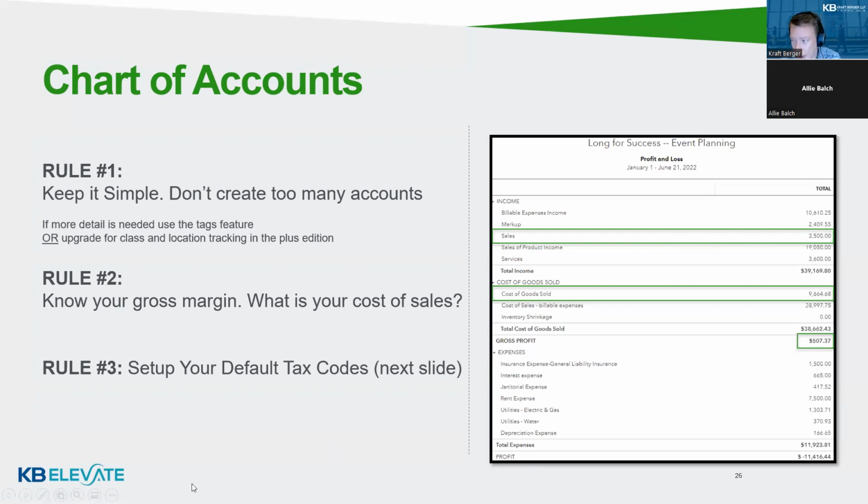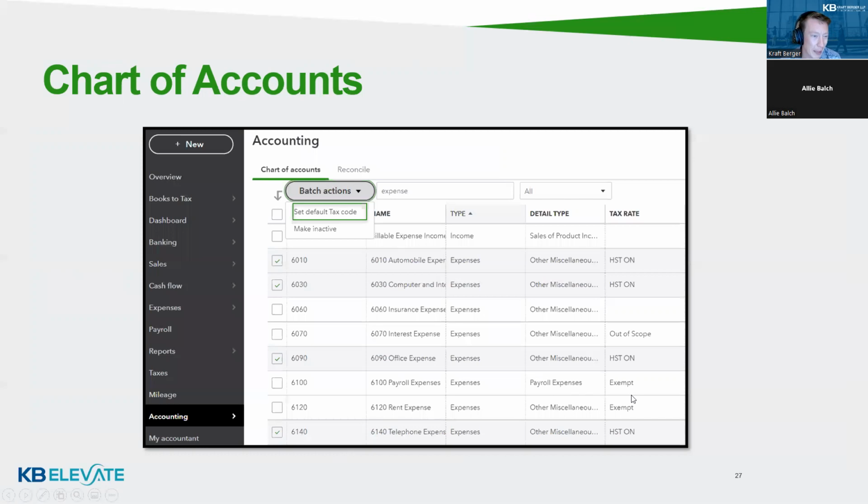And the last item here is to set up your default tax codes. Again, this is a little thing that's overlooked, but it can really save you time. So if you've got your chart of accounts, you've numbered them, and you happen to know that, hey, all of my office expenses, or say 99% of them, 90% plus, have HST on all of those items, like I'm doing all my shopping at Staples or whatever it is, you can set the default.